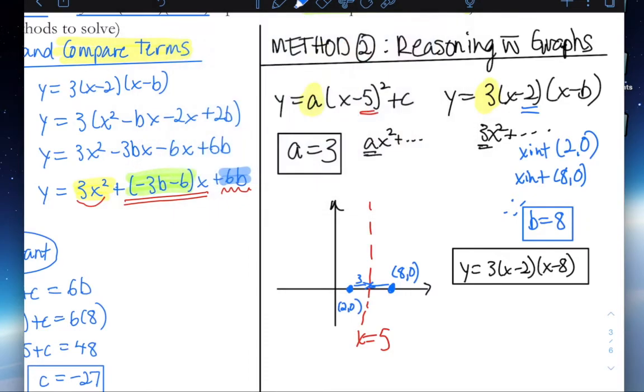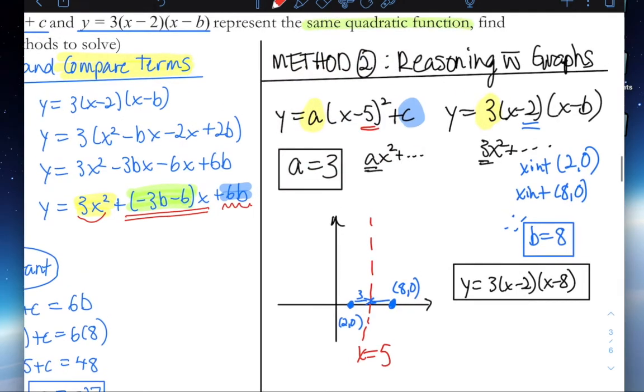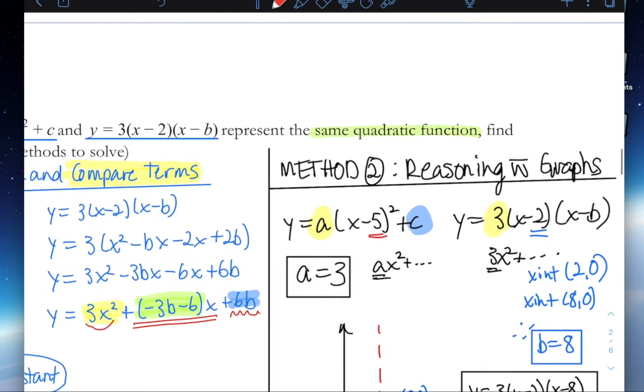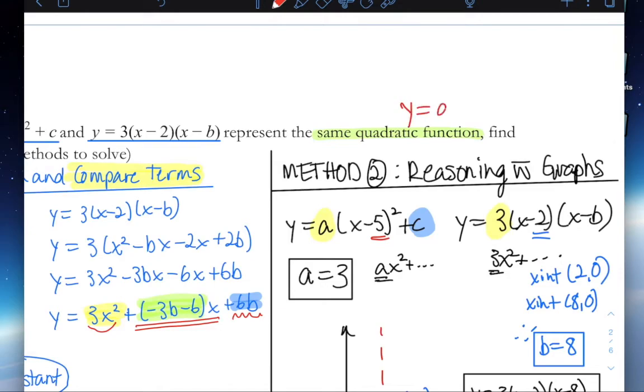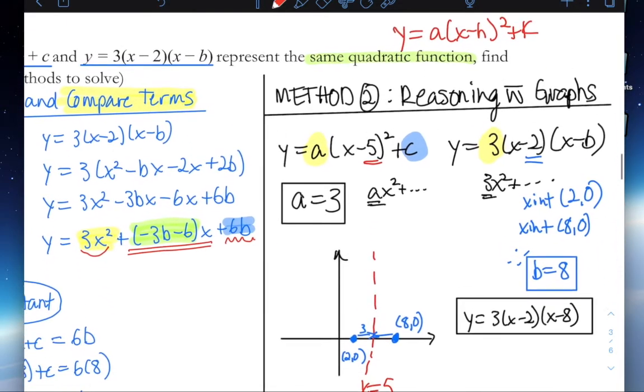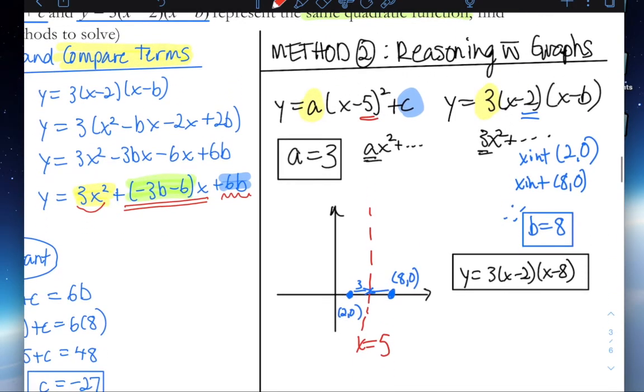Now, I know it's a different letter, but if we compare this to the formula that we already know, y equals a(x minus h) squared plus k, we can see pretty clearly that this c value is the y value of the vertex. It's yv.